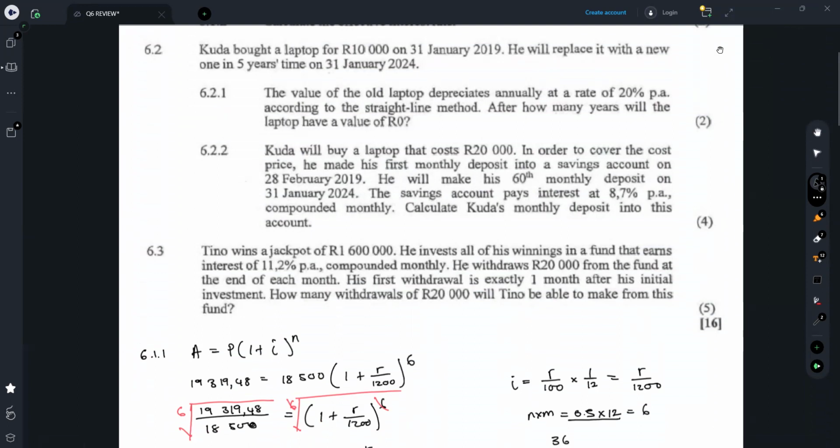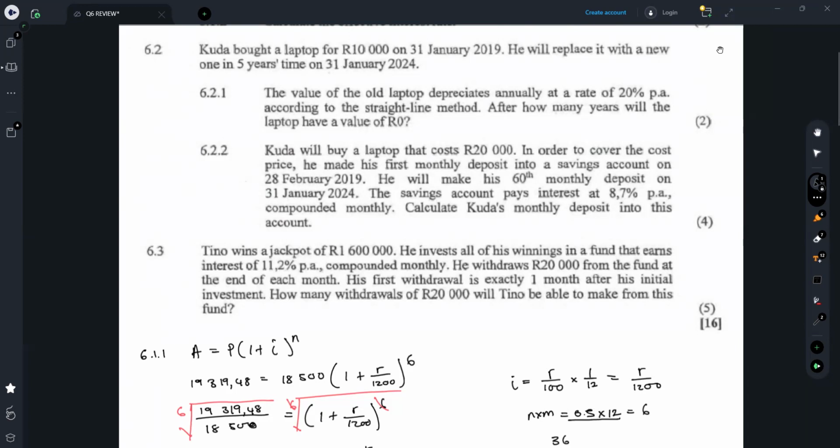He will make his 60th monthly deposit on 31 January 2024. The savings account pays an interest at 8.7% per annum compounded monthly. Calculate Kuda's monthly deposit into this account.